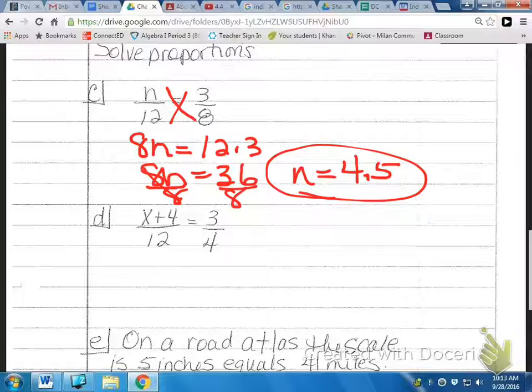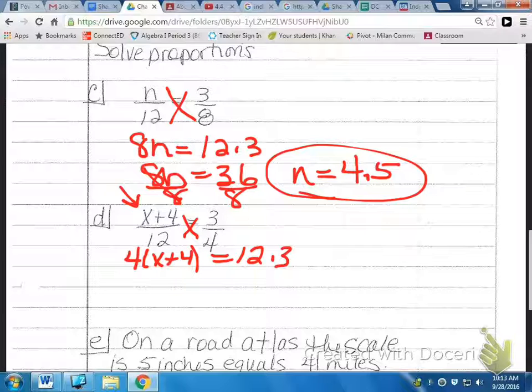Okay, in algebra, I would expect to see more of ones like this cross product. This is a whole expression up here. So when I do cross product rule, it would be 4 times the quantity x plus 4. And that equals 12 times 3. I wouldn't be surprised if I had some expressions maybe on both sides or something. And that'd be fine. You could do that. So on the left, I need to distribute 4x plus 16, and that equals 36.